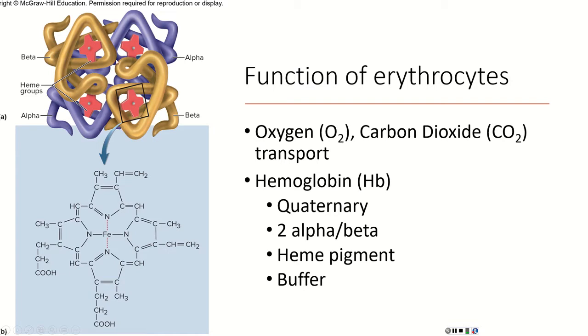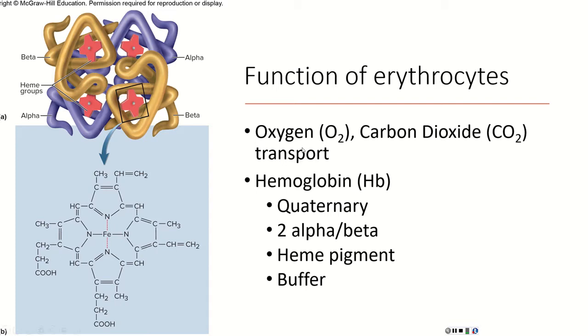Every alpha unit and every beta unit has a heme pigment, and every heme pigment has 1 iron atom. And the iron atom is what oxygen is attracted to. So one oxygen molecule will attach to the heme pigment, specifically to the iron atom, in each subunit of the hemoglobin molecule. So how many oxygens can one hemoglobin molecule carry? 4. And there are millions of them in every erythrocyte.